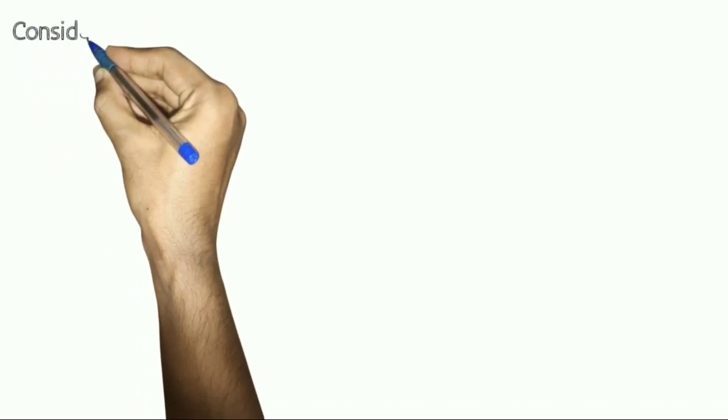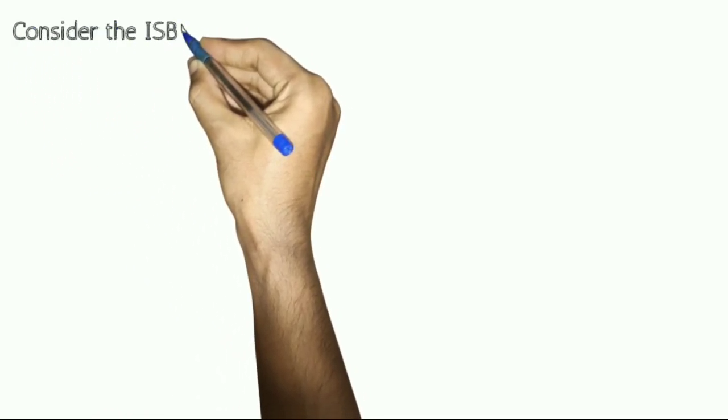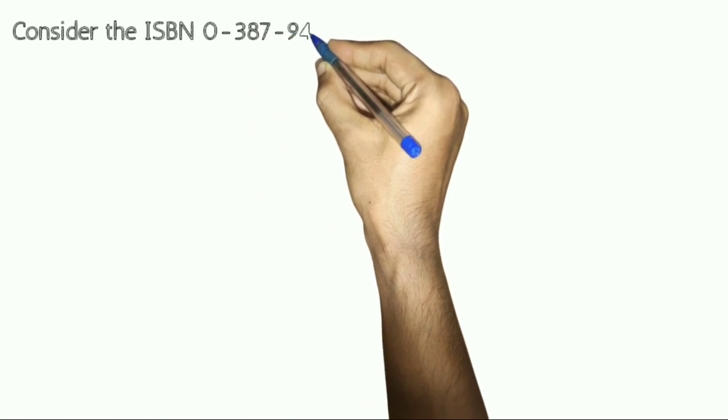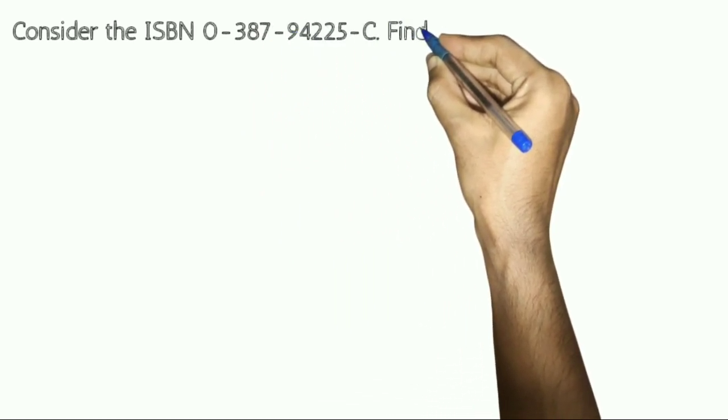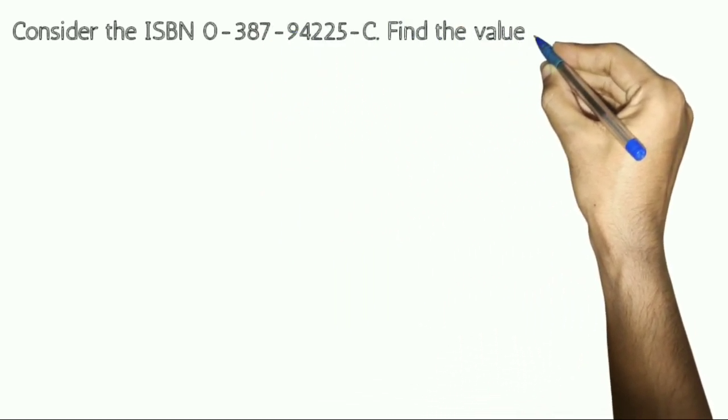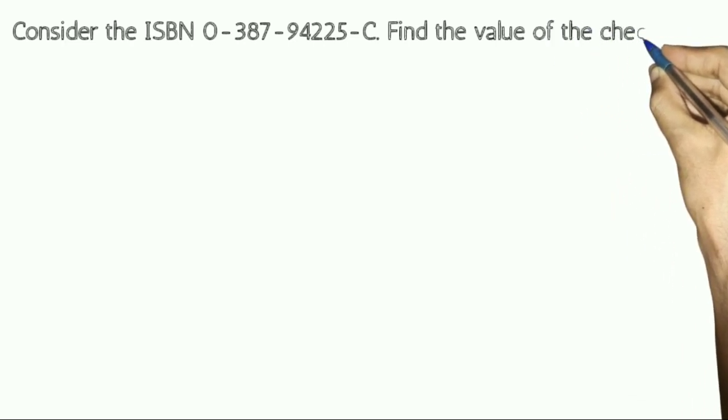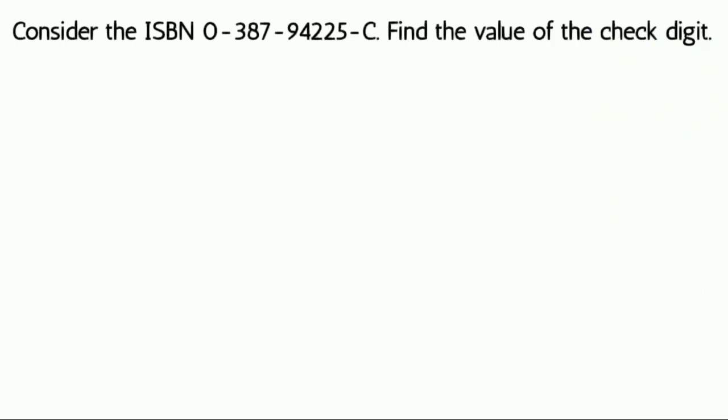Example number 2. Consider the ISBN 0387-94225C. Find the value of the check digit.